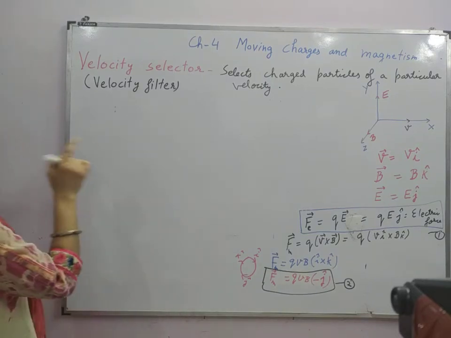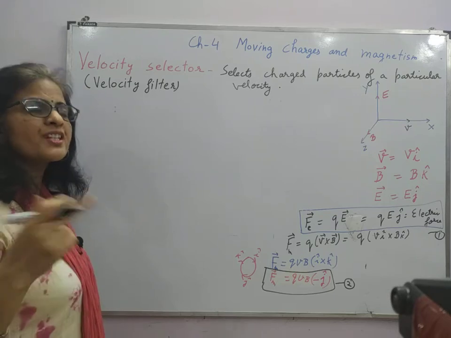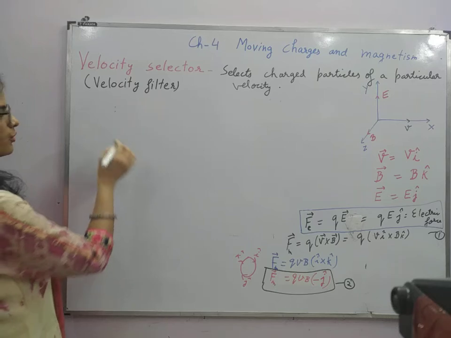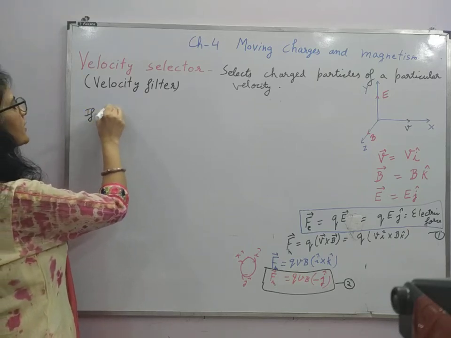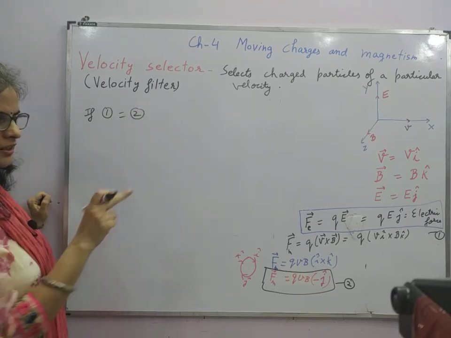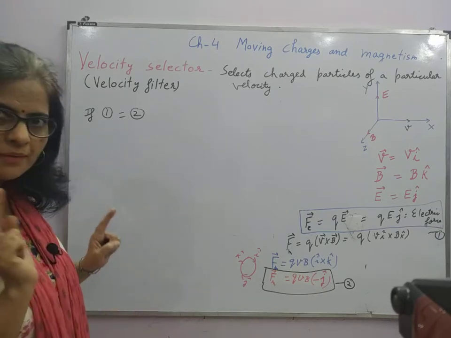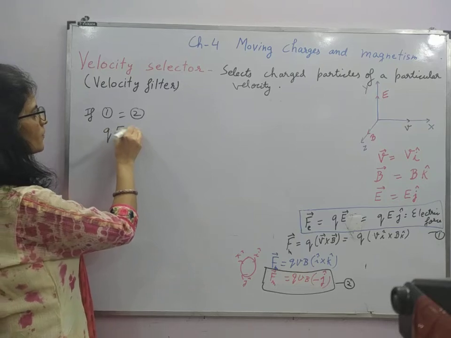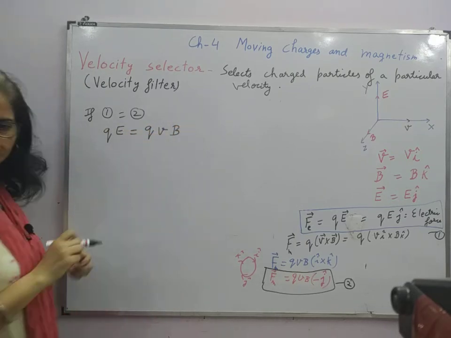Now I just explained that for the particles for which electric force and magnetic force are equal, those will go undeflected. So from 1 and 2, the direction part is j and minus j cap, so direction is opposite. Now we are talking about the magnitude part. So qE is equal to qVB.